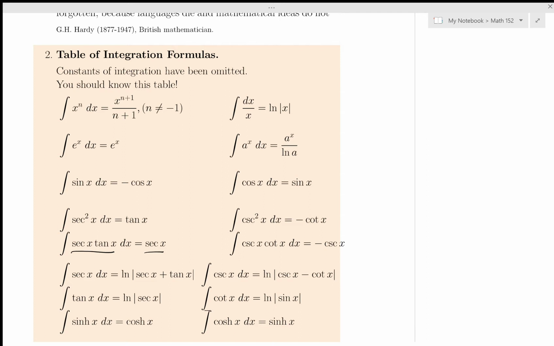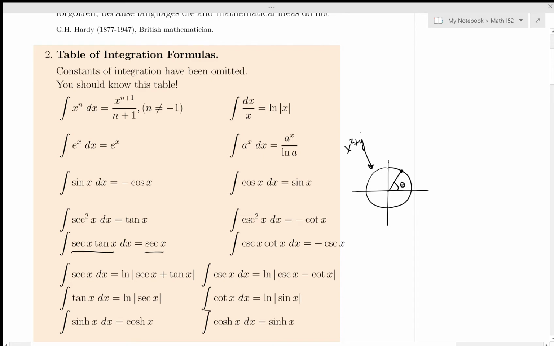One thing I do want to comment on right here is that we have the integrals of the sine and the cosine function. I just want to remind you that the sine and the cosine function come from a circle centered at the origin. I'm imagining an angle here, theta, and this here is the unit circle.